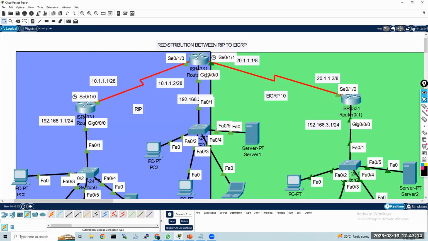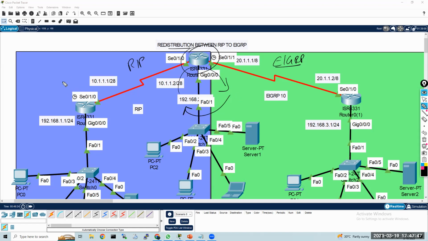The router which is connected to EIGRP on one side and RIP on the other side, here we have to give it. In this router we have to do the redistribution, because this is the router connected to RIP and here it is connected with EIGRP. We have to redistribute this side to this and this side to this.